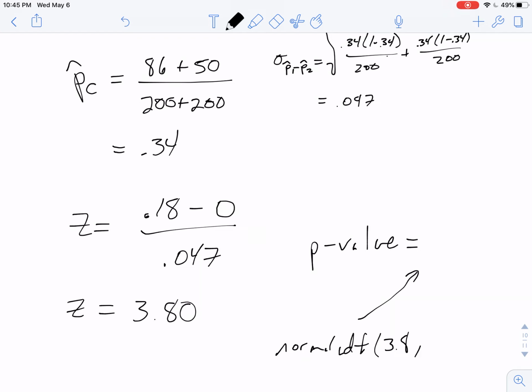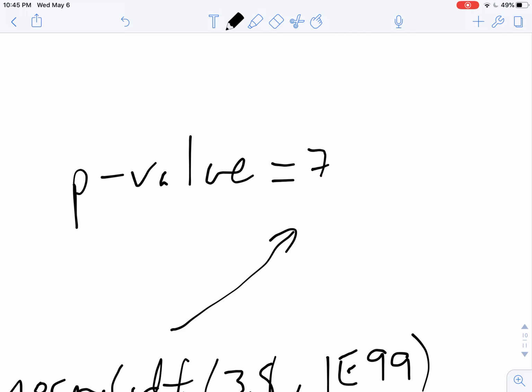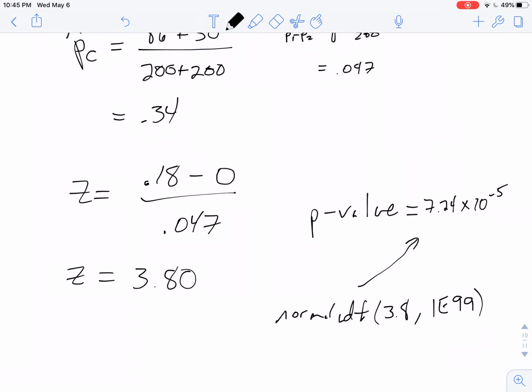Since this is an upper-tailed test, I put in my lower boundary, the z-score of 3.8, and then it's unbounded on the top, so I'm going to put in 1E99, which gives me a really large number that's going to represent positive infinity, and that's going to output a p-value of 7.24 times 10 to the negative fifth, in scientific notation. So a pretty small p-value.